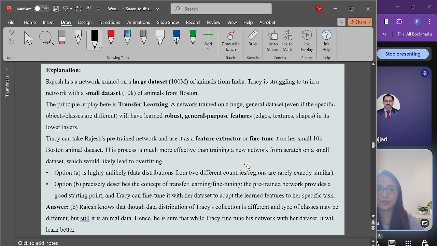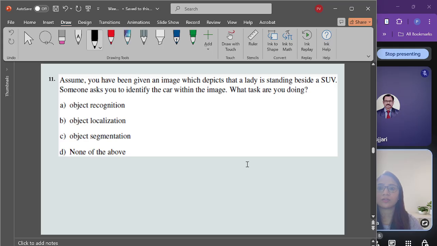Okay, moving to our next question. Assume you have been given an image which depicts a lady standing beside an SUV. Someone asks you to identify the car within the image. What task are you doing?